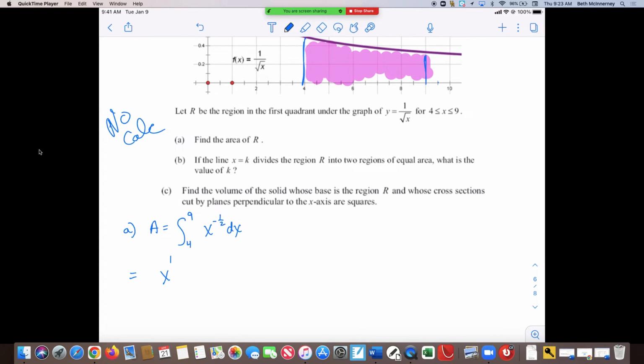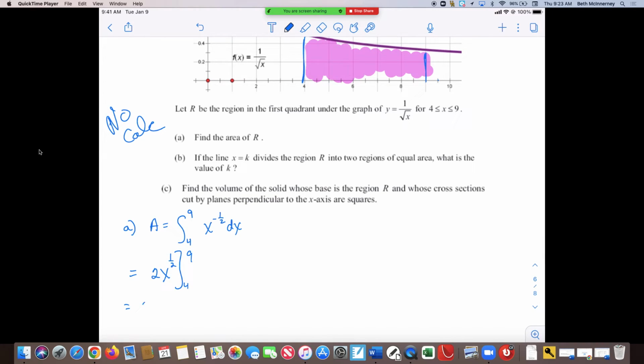I increase the power by 1 and divide by that new power. So that's 2 square root 9 minus 2 square root 4. Did you get 2? All right, awesome.